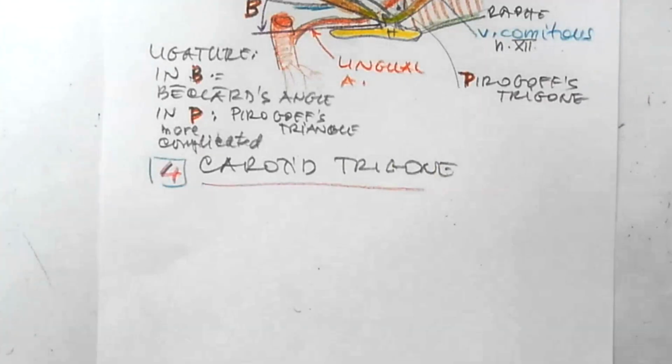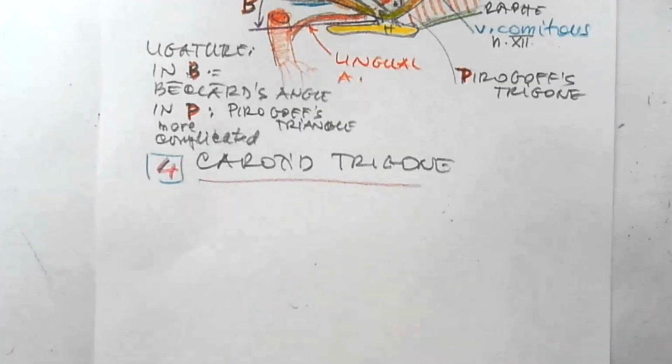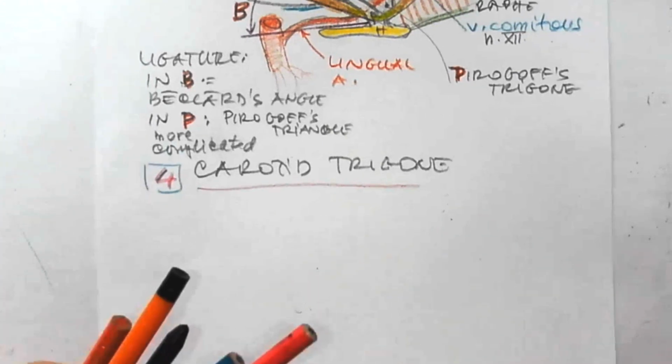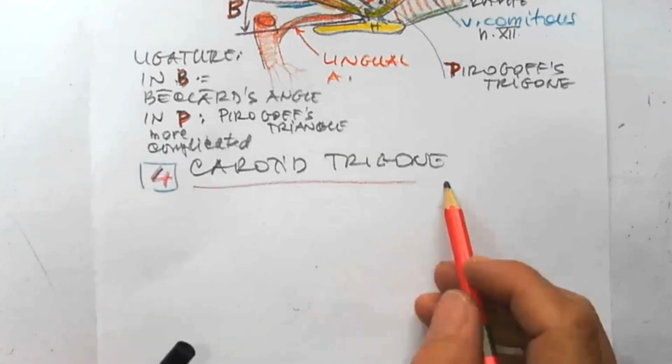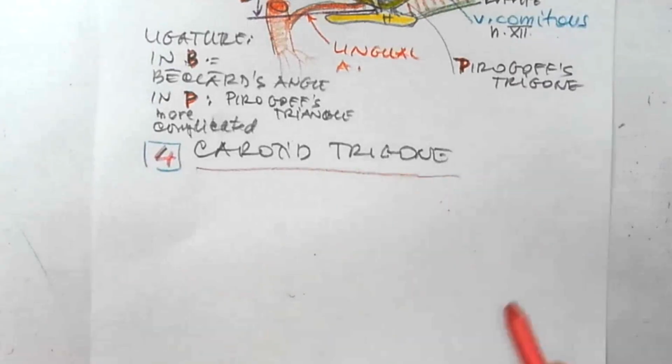Excellent diagrams are found in all the books. We will not draw that trigon completely because this would take much more time. By the way, two or three regions should be sent to you to complete the maximum, but not all, because there are so many regions on the neck, and I don't want to eliminate anyone.